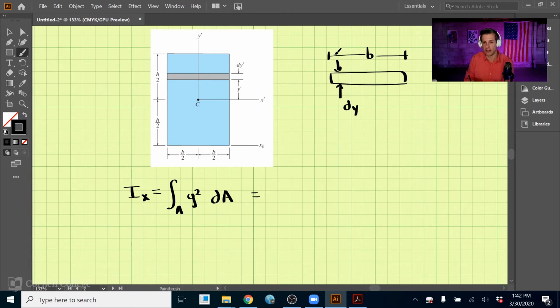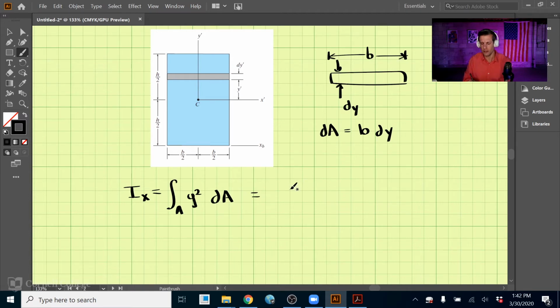So we have our differential area, dA, is equal to b dy, all right? b being the length, dy being the height. Okay, and y, the distance this differential element is acting away, is y, right? So the distance that it is away is our distance y here.